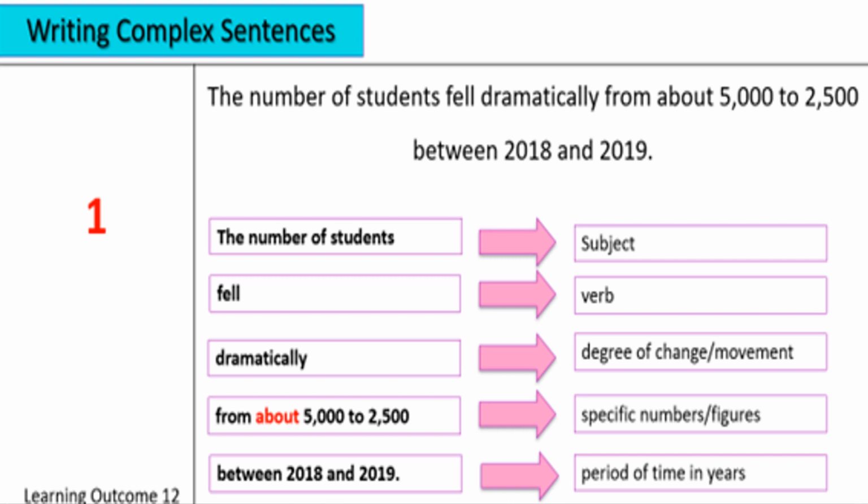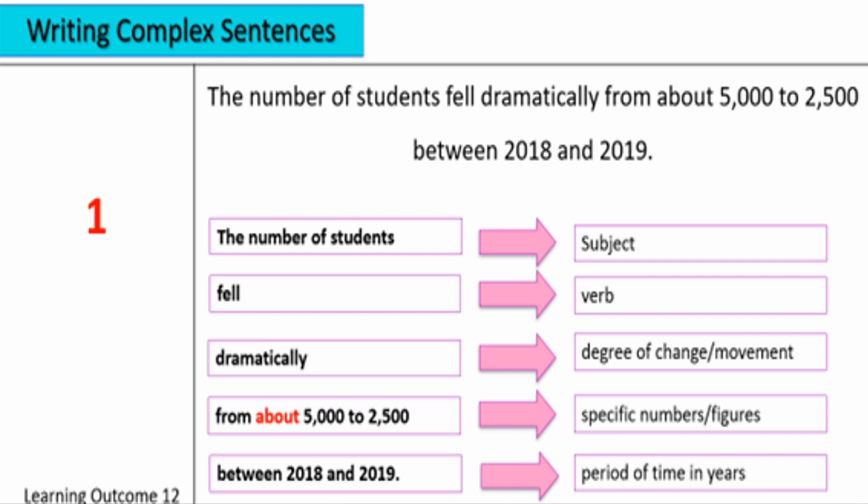Now how much is the difference? If the difference is big, you use dramatically, significantly. If the difference is small, you say gradually, slowly, slightly. So here the difference is big, so we use the word dramatically. So verb followed by degree of change or movement, adverb, and then the specific numbers from how much to how much.